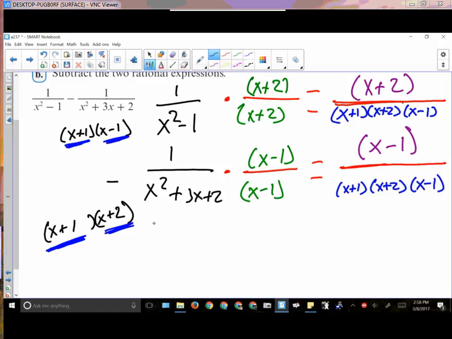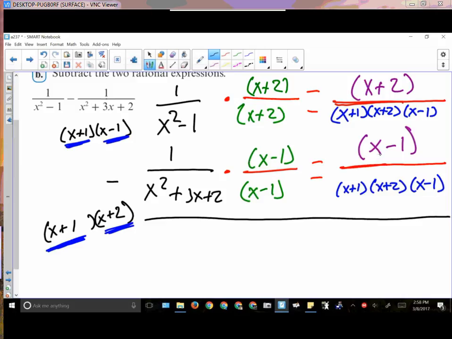Now, if you are capable of not writing out your work and doing this stuff in your head, this is where it pays off. I need to take x plus 2 and subtract x minus 1. So my question is going to be, what is x minus x?